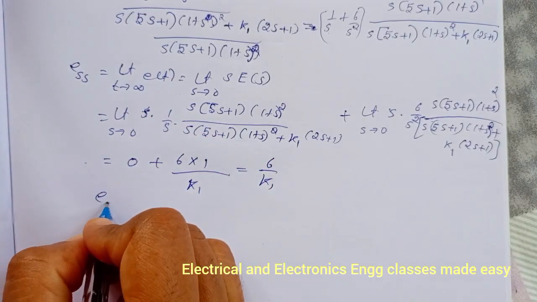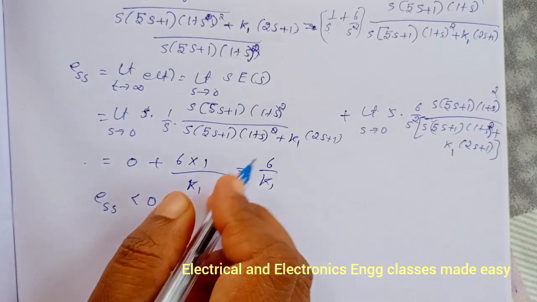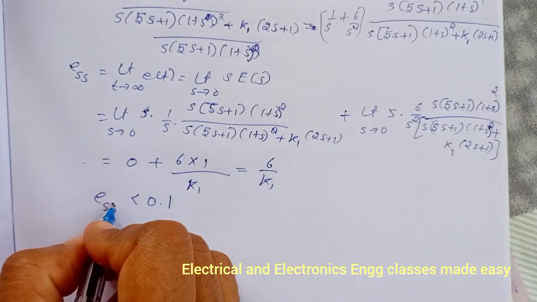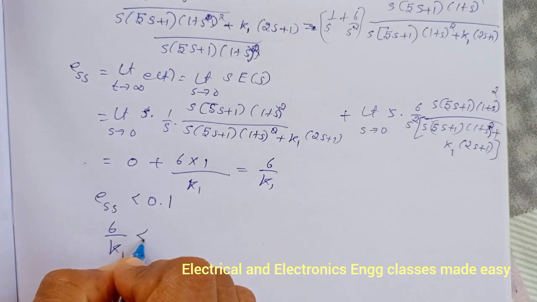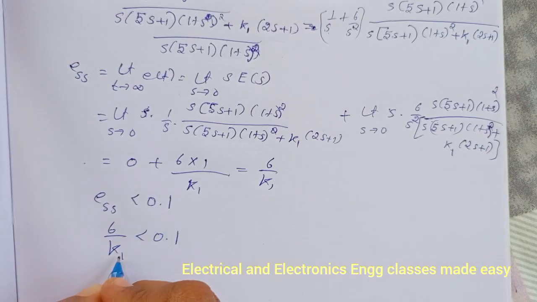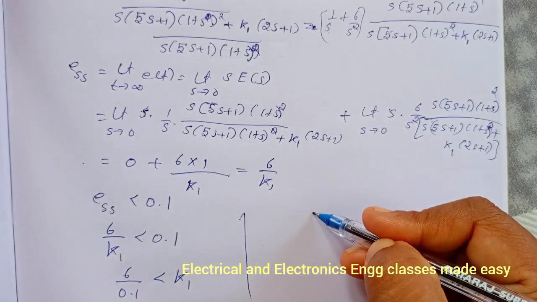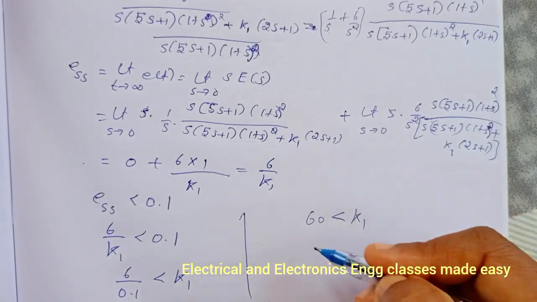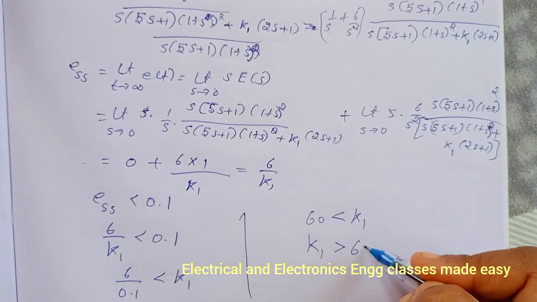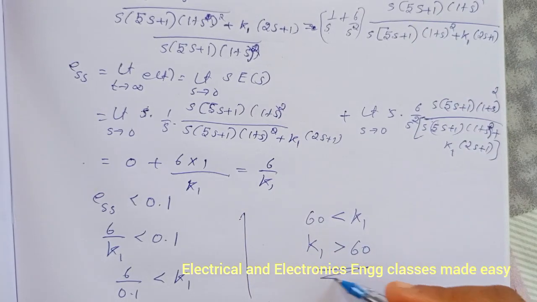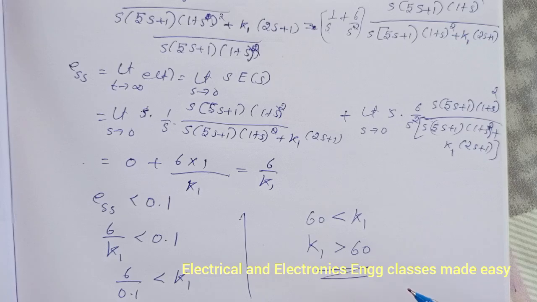And it is given that ESS is less than 0.1, so substitute the value of ESS here, that is 6 divided by K1 is less than 0.1. We can take this K1 here and 0.1 there, so we can write 6 by 0.1 less than K1, or 60 less than K1, or K1 is greater than 60.